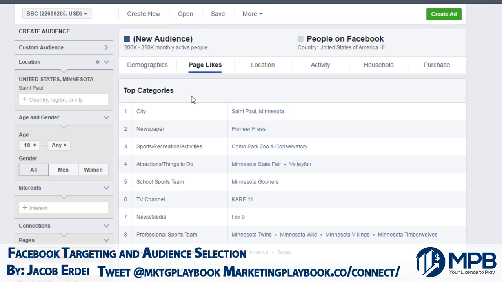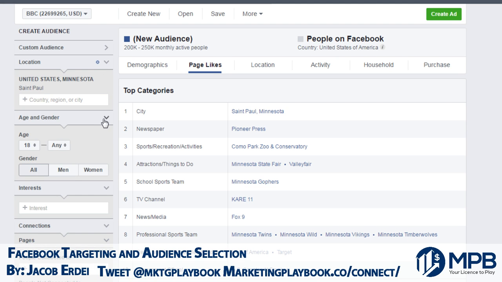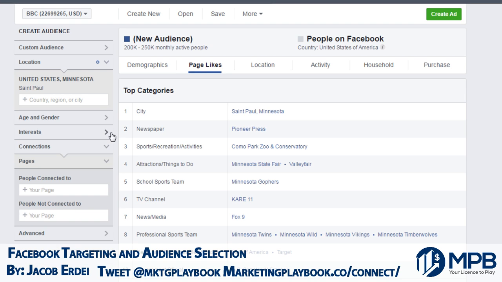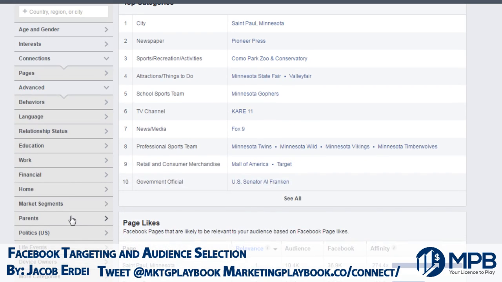So St. Paul is big enough, and we're going to see some of the topics that people are generally interested in. Keep in mind, I haven't done anything over here yet. Well, I did select the location, but I have no gender, no interest, no connections, no pages, and nothing under the advanced, which is language, work, financial, parents, if you're a parent or not a parent, if you have kids, don't have kids, things along those lines.